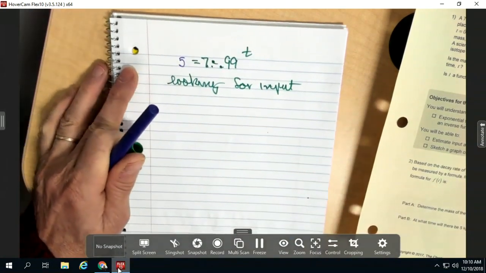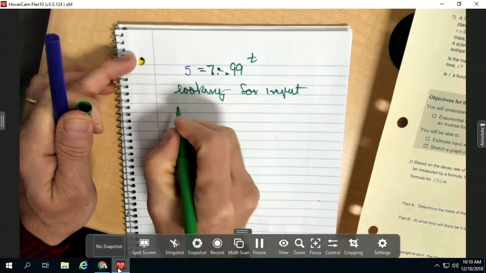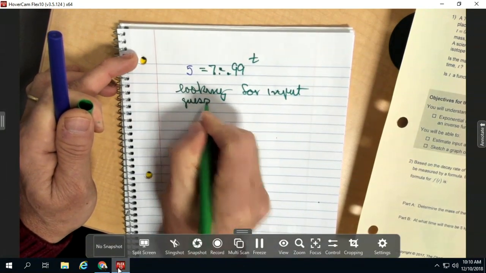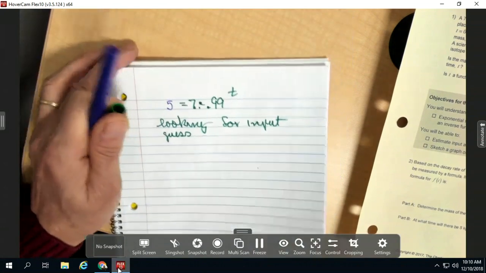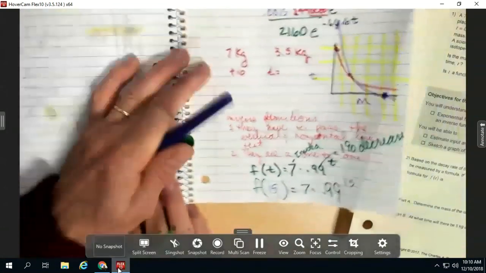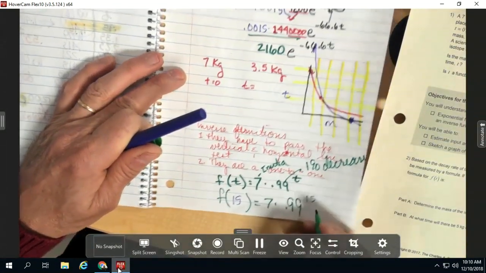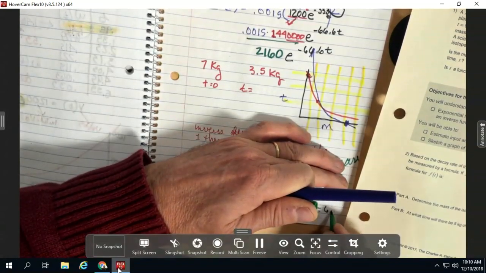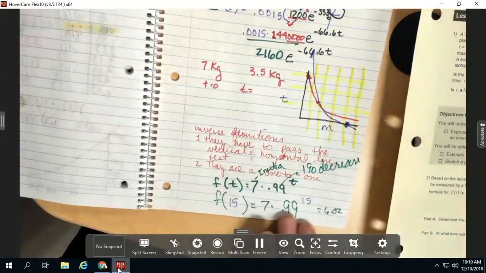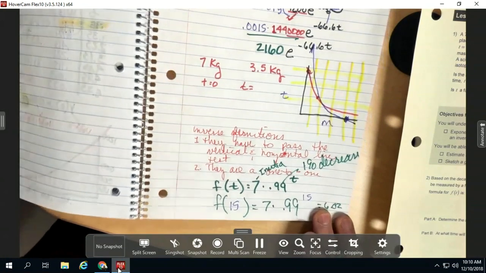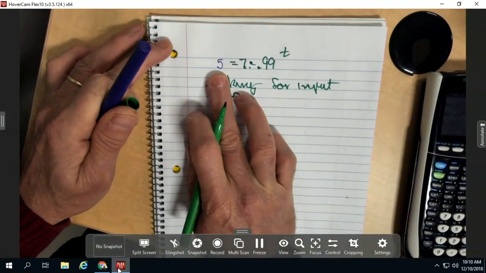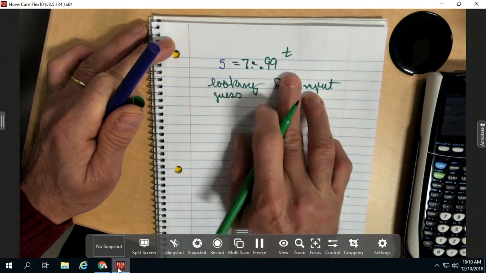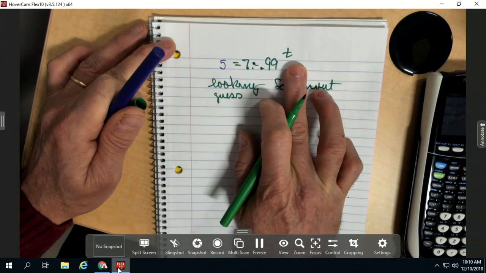This is good review for the test. We can guess. Try different values for t, right? Compared to 15, what's it going to be? Well, 15 was 6.02. We want the answer to be 5. So is it going to be more than 15 minutes or less than 15 minutes?